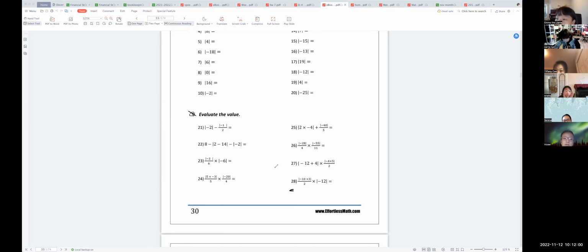Okay, so let's take a look at the last one. Violet, can you tell me how to do this? I didn't do that one yet. Okay, so who did the last one? Okay, so Emma, can you tell me? So -10 times 3 equals negative 30.